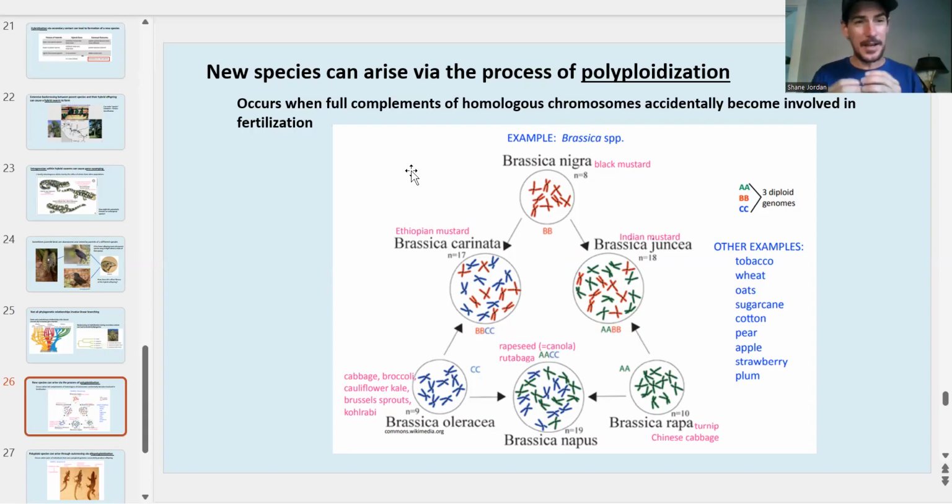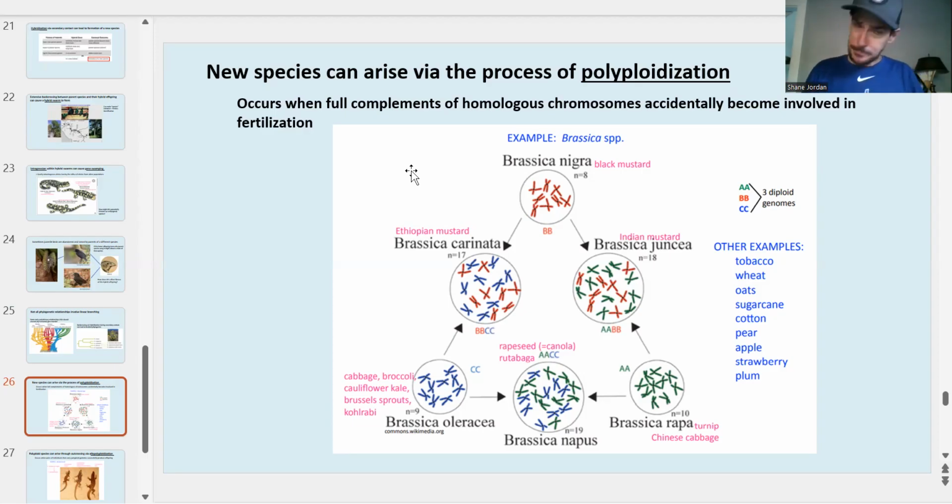Instead, sometimes this diploid cell doesn't divide properly, and it forms 2 diploid daughter cells and 2 daughter cells that don't have any chromosomes at all, that are not going to be able to be involved in fertilization. But now we have a situation where the gametes are diploid, when ordinarily we would expect gametes to be haploid.